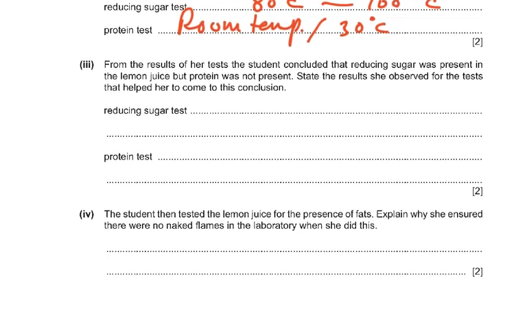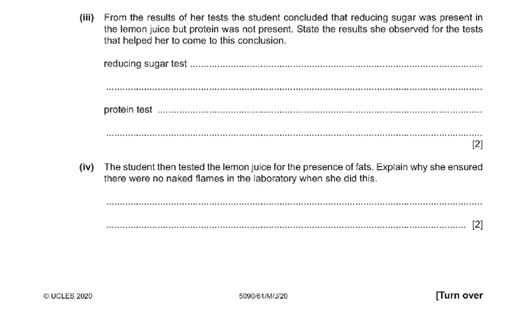Then coming to the part 3, from the results of a test, the student concluded that reducing sugar was present in the lemon juice, but protein was not present. State the results she observed for the test that helped her to come to this conclusion. Now, the reducing sugar could have been anything because we don't know. There are different values. If you got less sugar in reducing sugar, it would be green.